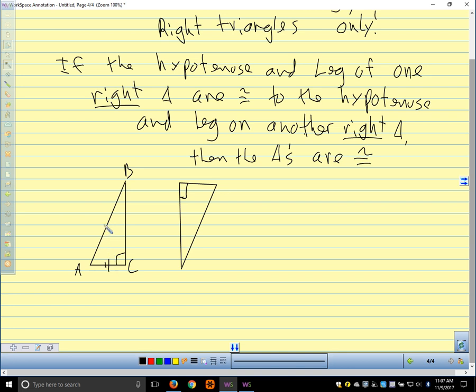And I'm going to call this D, E, F. We have a hypotenuse and a leg congruent to a hypotenuse and a leg on the other right triangle. So I could say for my congruent statement, triangle ABC is congruent to triangle. Angle A has to match up with angle E. B would have to match up with angle F. EFD.